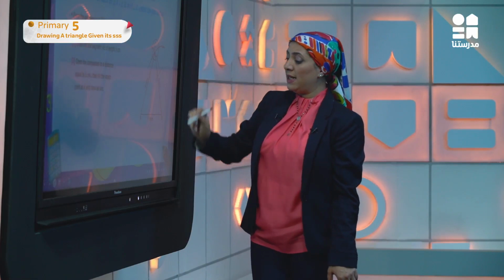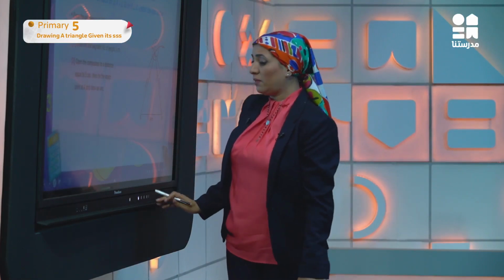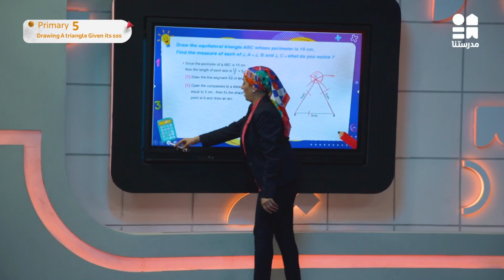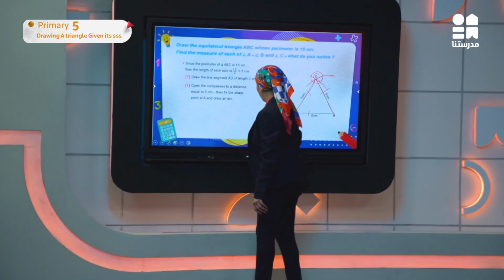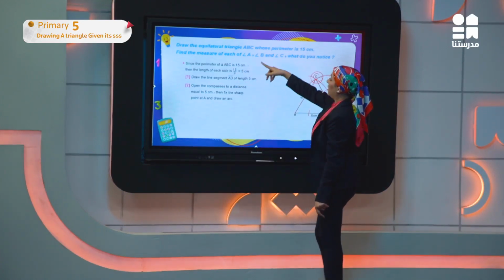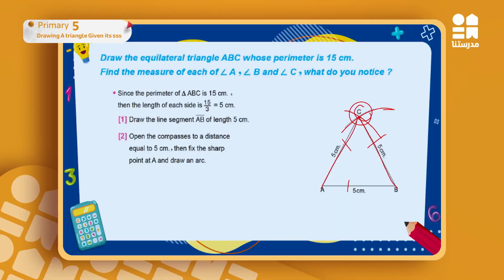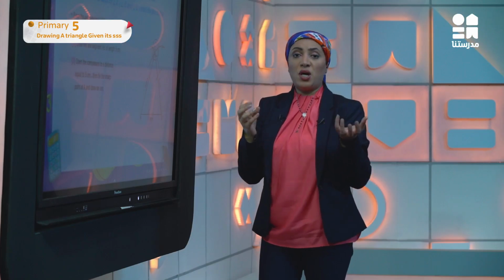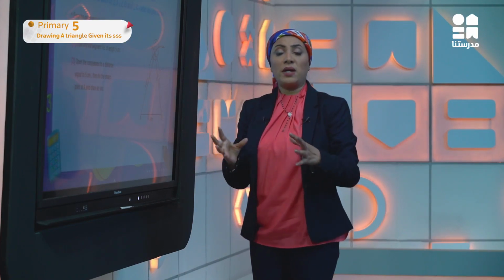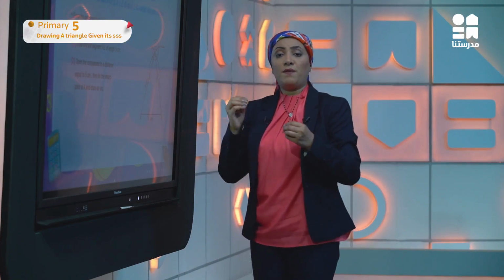Okay, what else do I have? I want the measure of each of the angles A, B and C. We said before that the measure of the three angles of a triangle together makes 180 degrees. In any triangle in the world, the sum of the measures of its interior angles is 180 degrees.